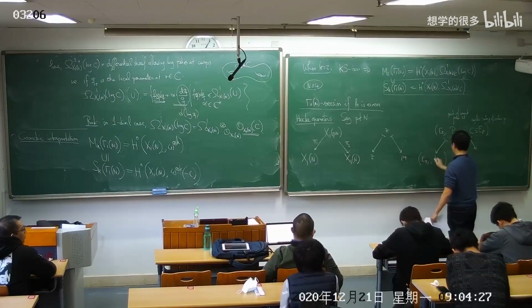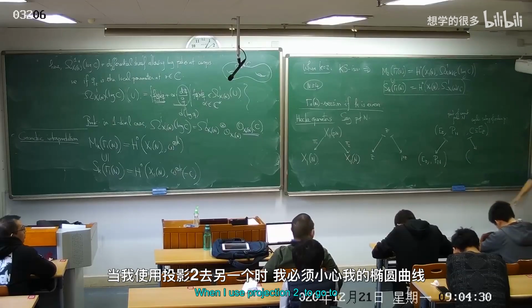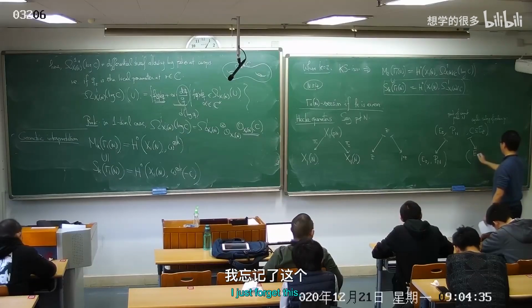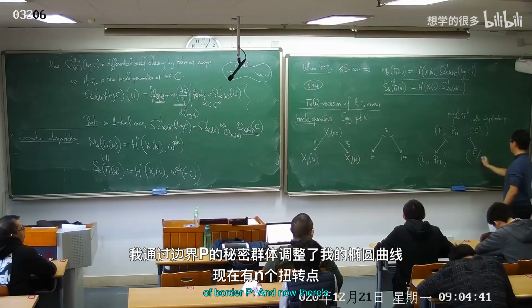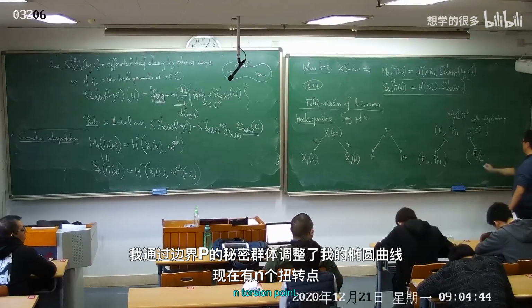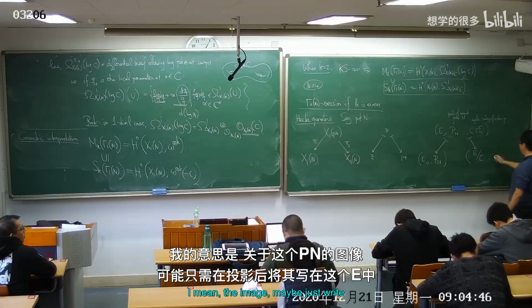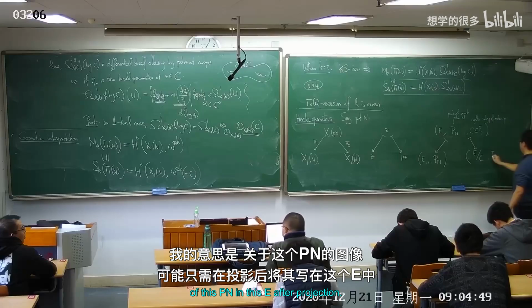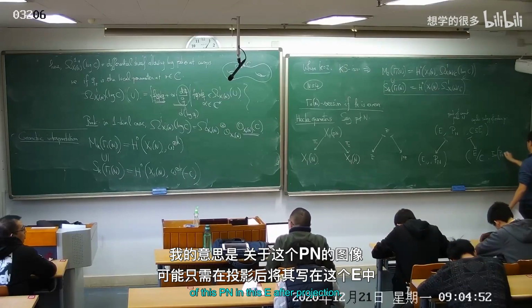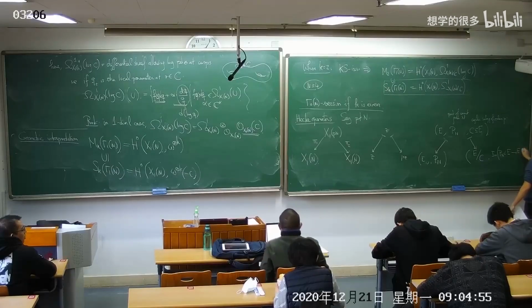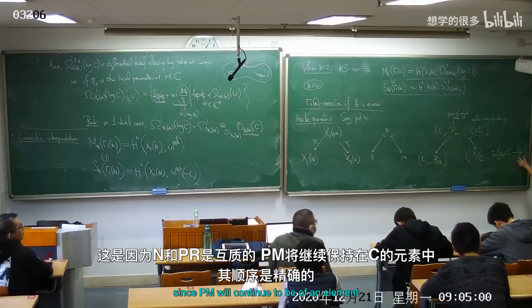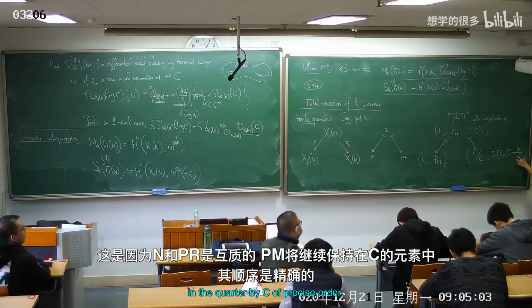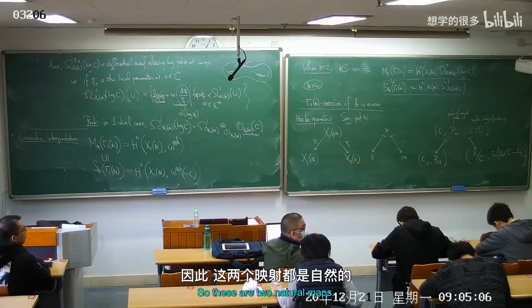When I use projection 2 to go to the other one, I quotient out my elliptic curve by the cyclic group of order p. And now this n-torsion point, I mean the image, maybe just write the image of this P_n in this E after projection. Because n and p are coprime, P_n will continue to be an element in the quotient by C of precise order n. So these are two natural maps.